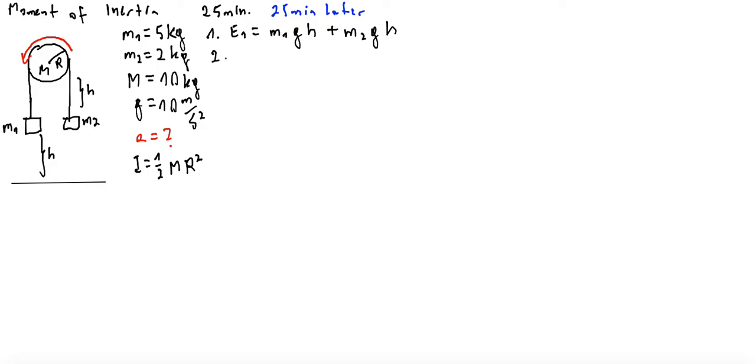Okay, at the end, when mass m1 touches the ground, or after traveling the length of h, mass m1 has speed, so half of m1 v squared, so kinetic energy. Mass m2 has a speed, so half of m2 v squared.